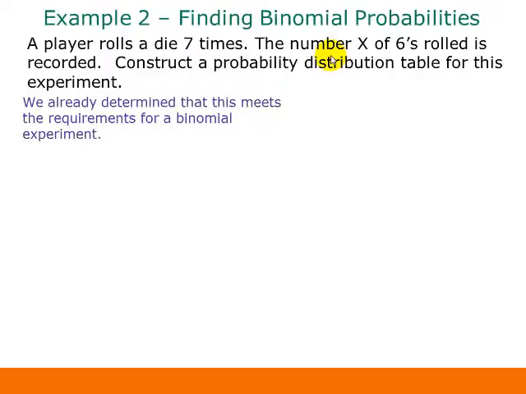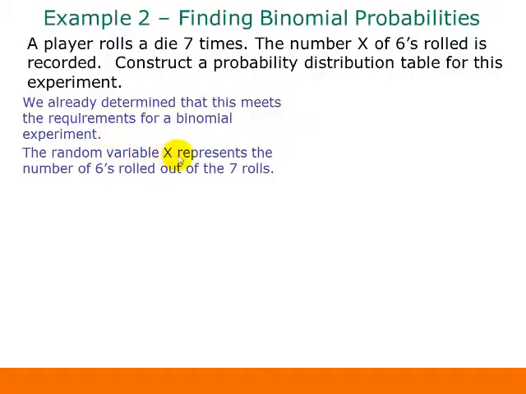Now this is the same problem that we looked at when we were identifying binomial experiments, and we already determined that this one met all the requirements for a binomial experiment. In this one, we only have 2 possible outcomes for each trial. Either it's a 6 or not a 6.